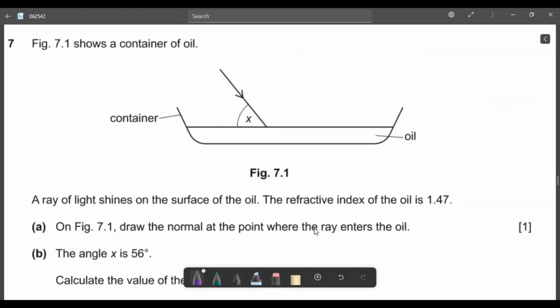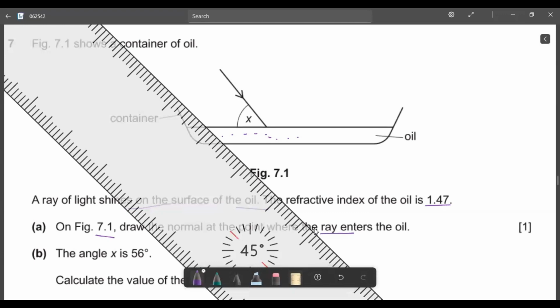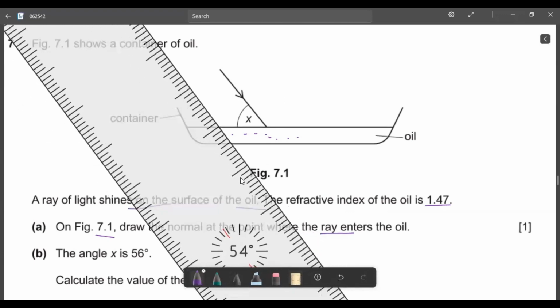Next, figure 7.1 shows a container of oil. A ray of light shines on the surface of the oil. The refractive index of the oil is 1.47. On figure 7.1, draw the normal at the point where the ray enters the oil. So we need to draw the normal, that means a line perpendicular to this plane.